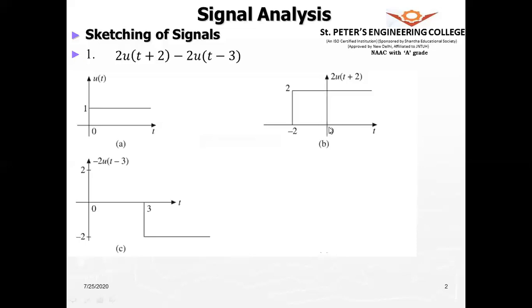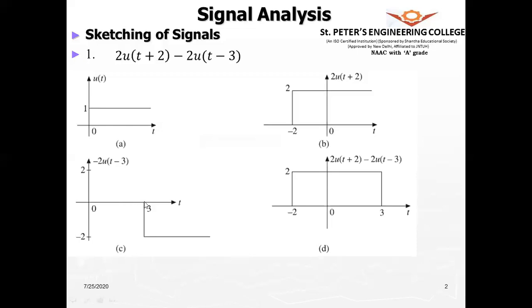When we find the sum of these two signals, the result will be a pulse like this. That means it will have a constant amplitude of 2 units starting from time t equals minus 2 up to time t equals plus 3. What happens at plus 3?